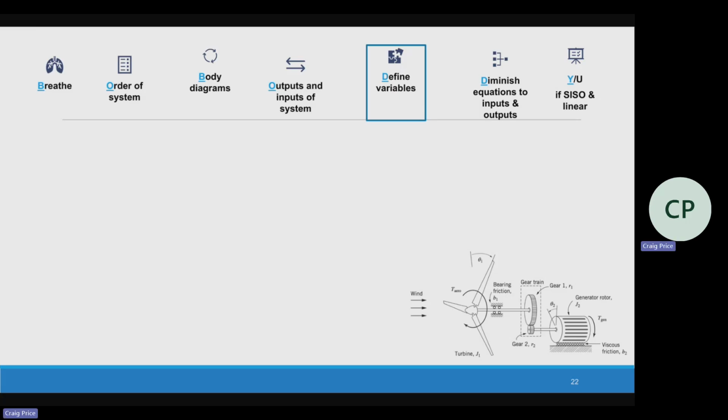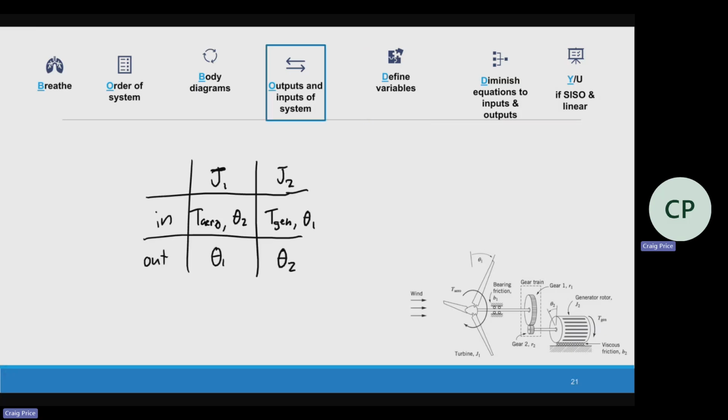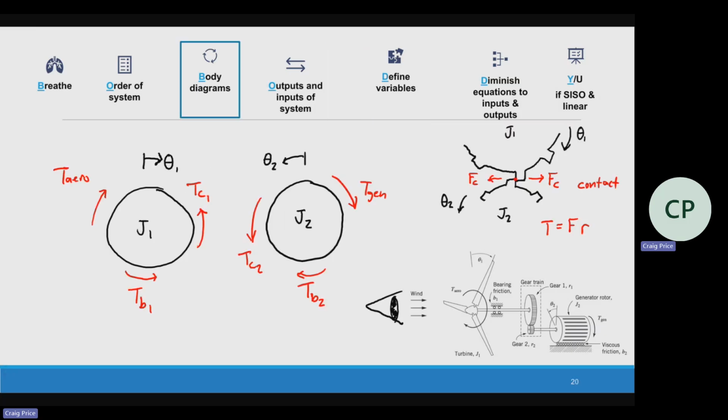Definitions. This is a rotational problem. The first thing I'm going to start off with is sum of torques equals J theta double dot. If I go back to my free body diagram, I need definitions for everything except some of the given ones.